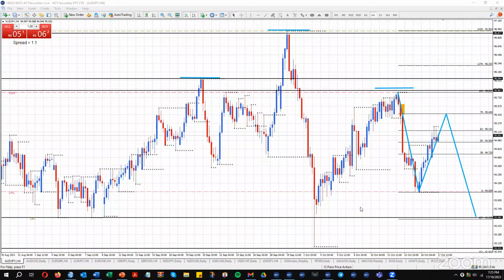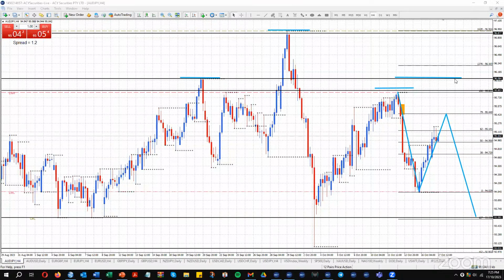I'm just waiting to see if we can get up to 95.44. Now as well, depending on how volatile the market is when the job figures come out for the Aussie, I was watching up here at 96.06 last week for the right shoulder. So this could trade up into this area this week.